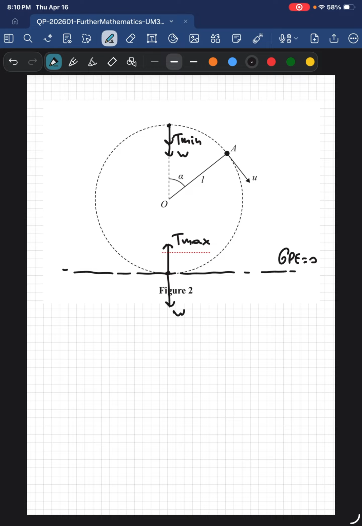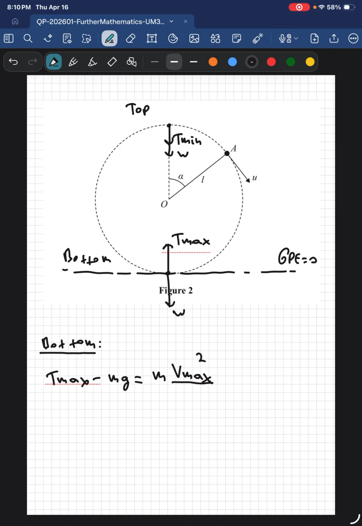So let's write the equations of motion for the particle at the top. So let's call this top and let's call this bottom. So let's start with the bottom and then work our way up, literally. Okay, so the centripetal force is T max minus the weight, which is m times g, is equal to m v max squared over L, right?